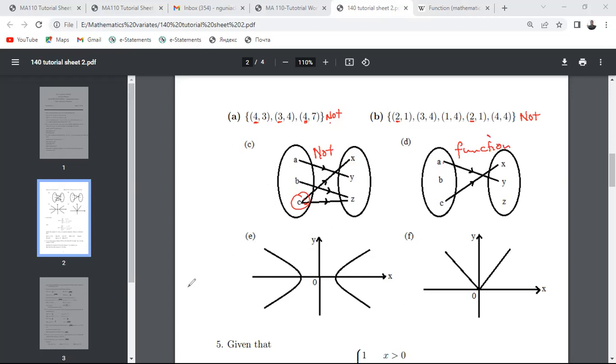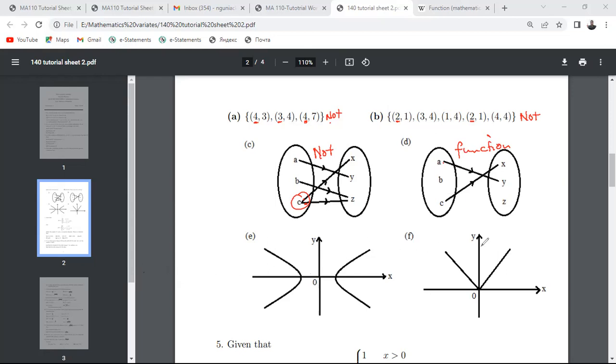Then, using the vertical line test, we said a function, when you draw a vertical line, only cuts at one point.